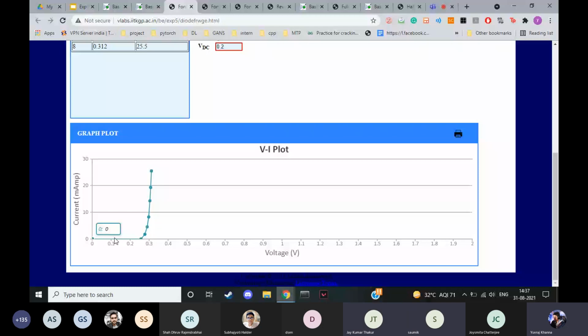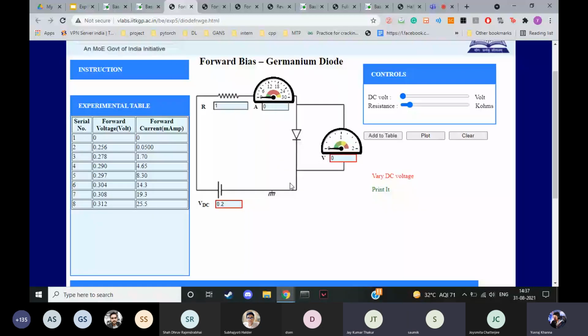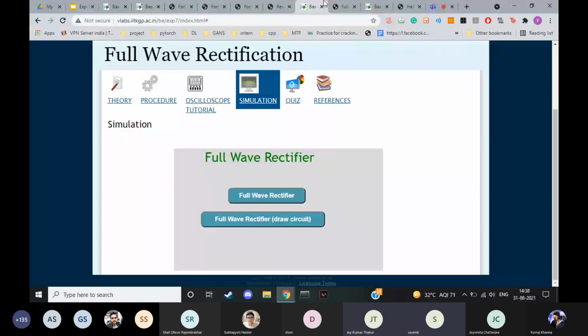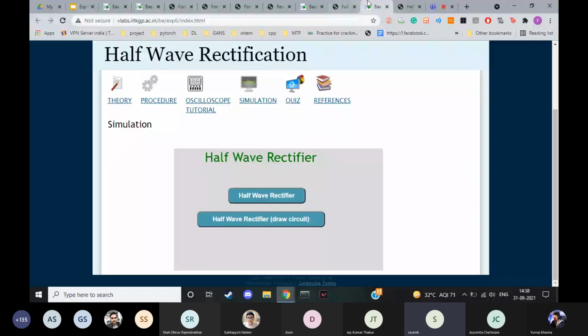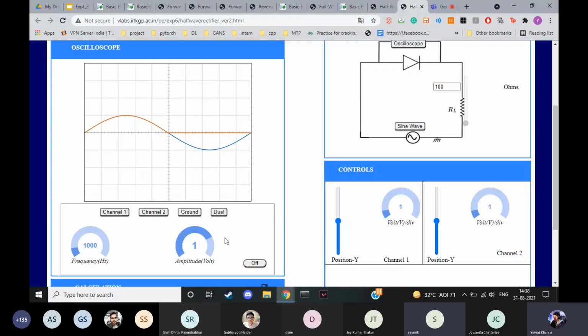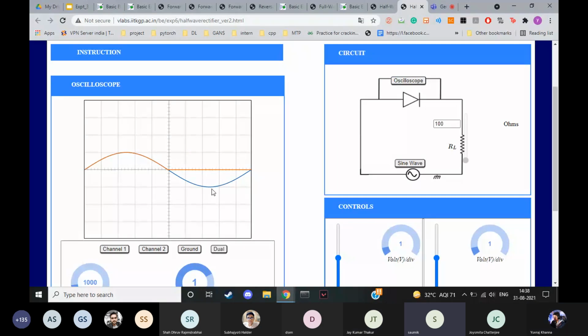Sir, but in the output waveform of the half wave rectifier. For the simulation, in this particular VLab simulation, it is at the end a simulation tool, so there is no effect of that particular thing. I will probably upload the actual experiment today or tomorrow, because the recording is done.